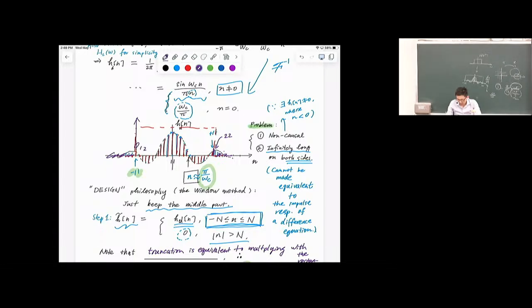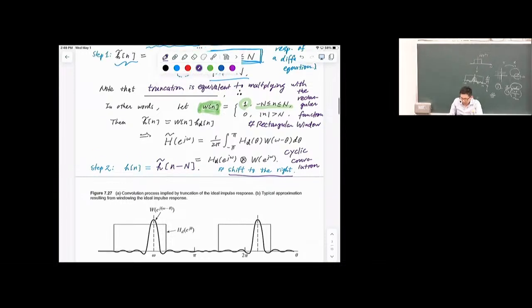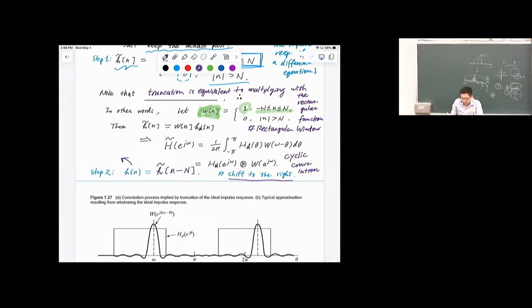A bit of a comment right here. After this step, what happens in the frequency domain, if I ask you? When we shift the impulse response to the right, we delay it by n samples, right? So what happens in the frequency domain? We know that it's going to introduce a linear phase term.